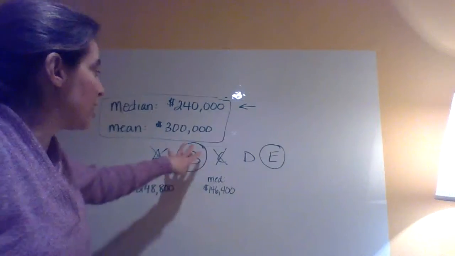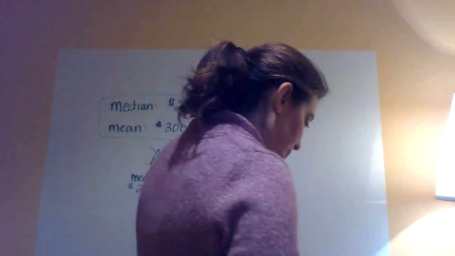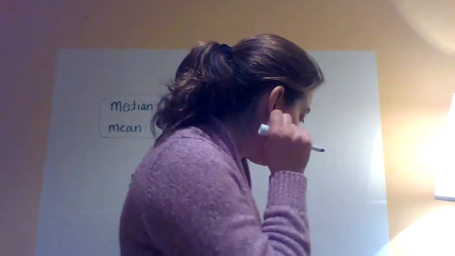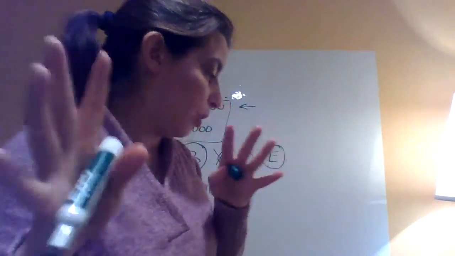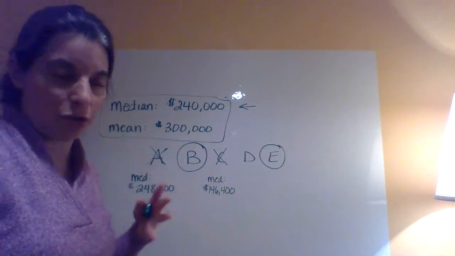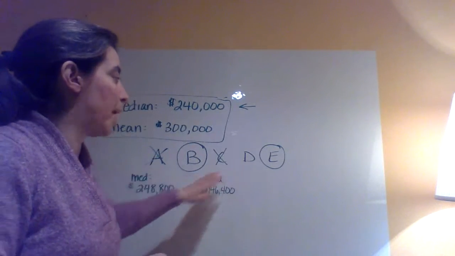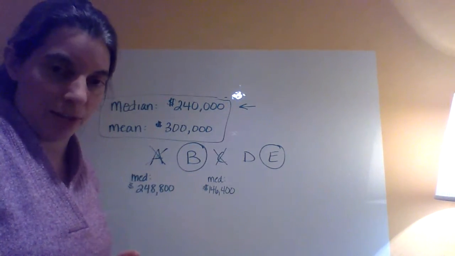But 300,000 is a reasonable mean for B. And the same thing for E. Again, the first 5 of those are smaller. We have a few that are up a little bit in the 600,000s. That's going to pull that average up a little bit, but not too much. So these two are possible choices for sample home prices for 2005.